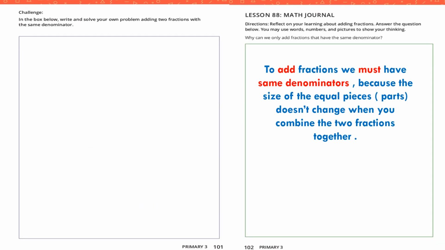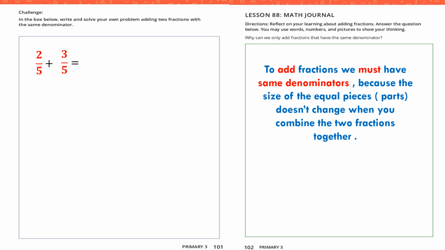Our challenge here, in the box below, write and solve your own problem, adding two fractions with the same denominator. I give you an example here. 2 over 5 plus 3 over 5. Let's remember together the steps of adding fractions. What do you observe here? We have same denominators, so the first step, put the denominator as it is.